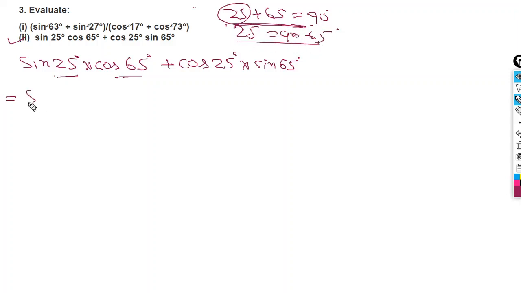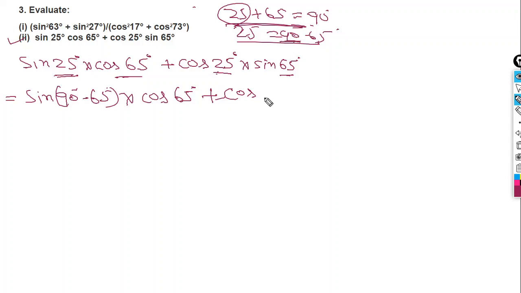Let's write that. So sin, instead of 25 we will write 90 minus 65 degree into cos 65 degree plus cos, instead of 25 we will write 90 minus 65 degree into sin 65 degree, as you have written sin 65 degree here.